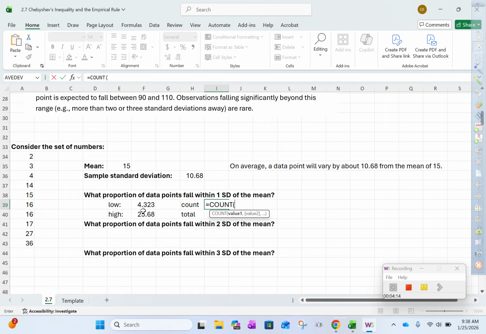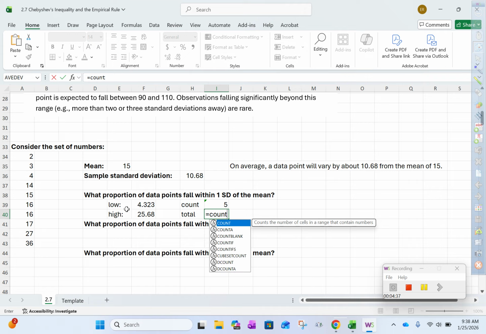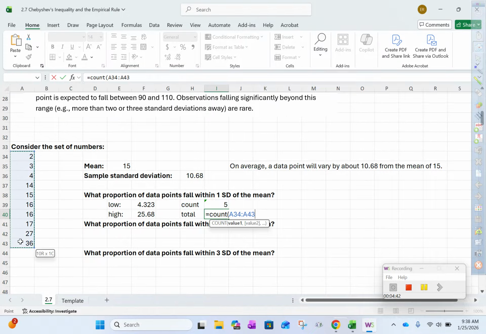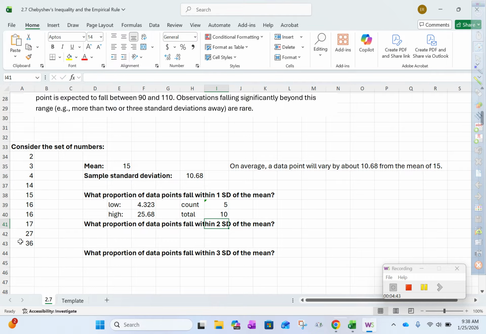So here we want the numbers that are between 4.3 and 25.6, so that'd be starting right after 4 and going to 17, and that counts 5. And then we could do the same thing, equals COUNT, to find the total number of cells. Now obviously for these ones, there's such a small set, we could have just counted by hand. I just wanted to go over those Excel functions for when we have a lot more data values.